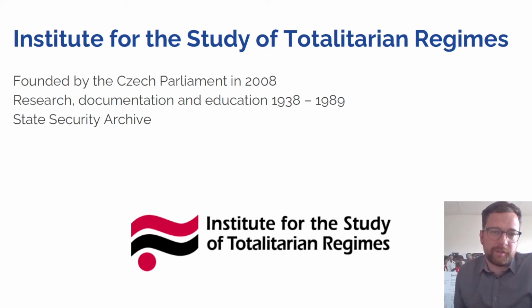The sister organization of our institute is the State Security Archive that preserves the files and products of the state security organization during the period of totalitarian regimes, like the secret police, for example. So our colleagues are working with files and with documents of surveillance, for example.